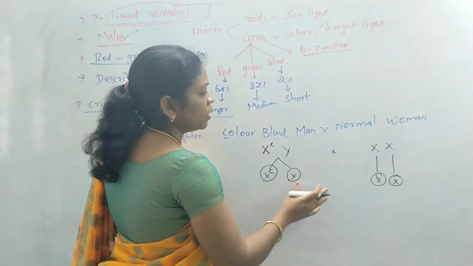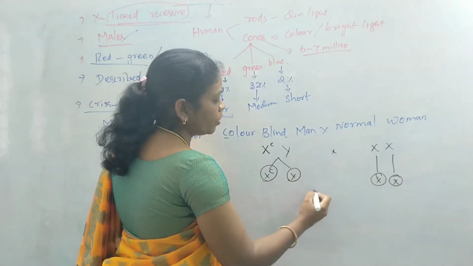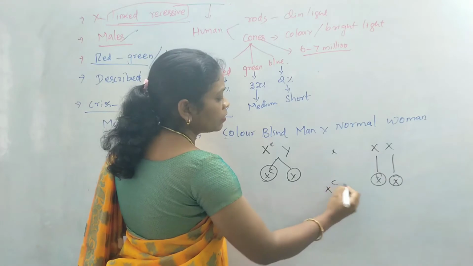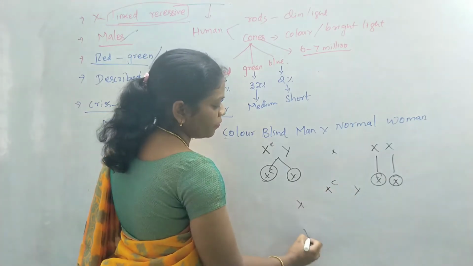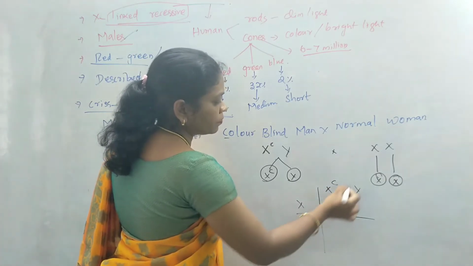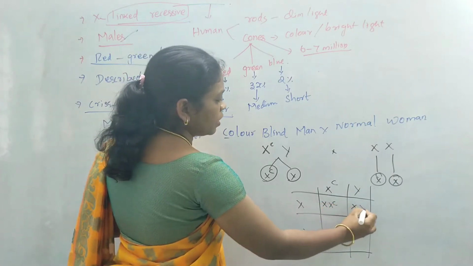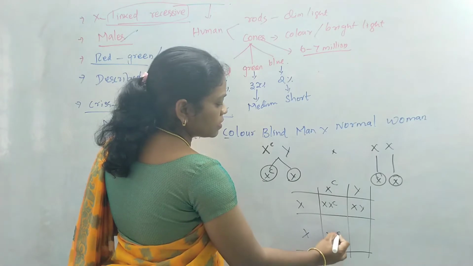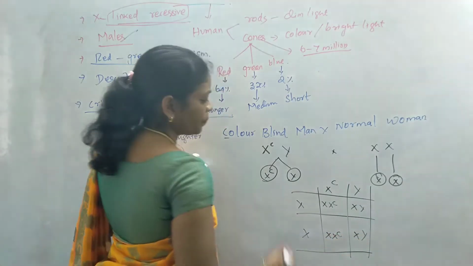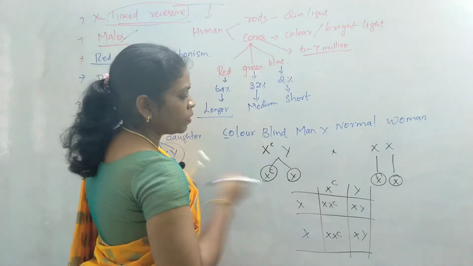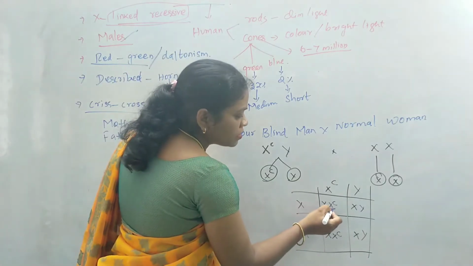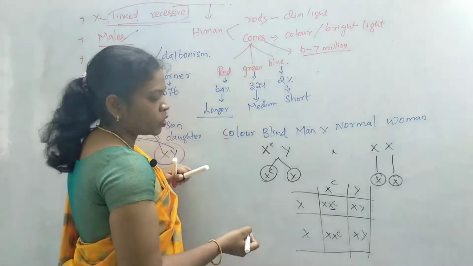Now the offspring: when we draw the Punnett square, we can identify male and female. Here you can find XCX, XCX, and XY, XY. So the females will be carriers because this disease is a recessive disorder.